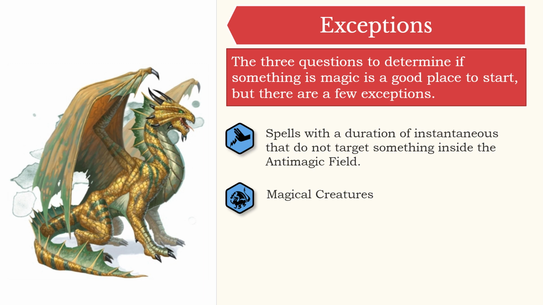However, if the creature is being sustained by magic, for example, an elemental has been summoned by casting the Conjure Elemental spell, that elemental would blink out of existence upon entering an anti-magic field.